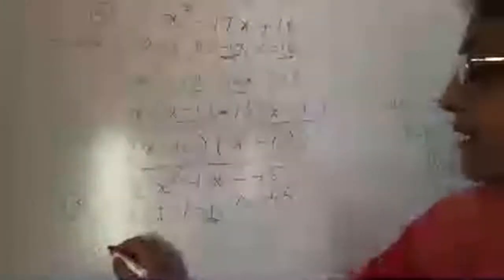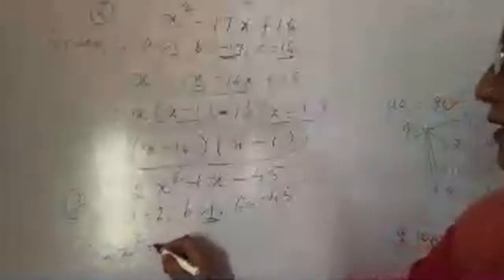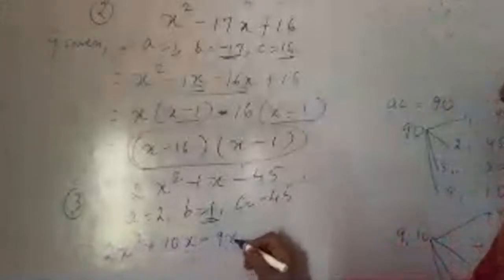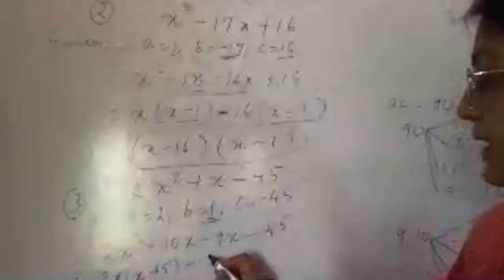So I am writing here 2x square plus 10x minus 9x minus 45. Now you take common 2x, x plus 5, minus 9, x plus 5, that will be 2x minus 9 and x plus 5.